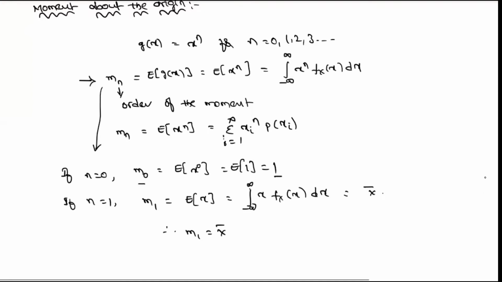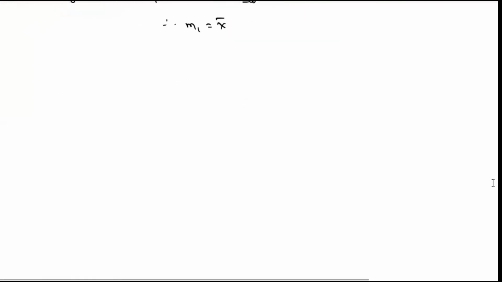Next, take the moment about the mean. An average value is taken, and the distribution of the function about that mean is calculated here.